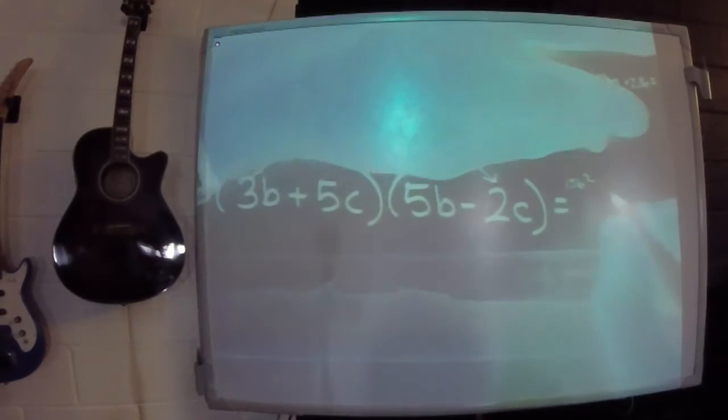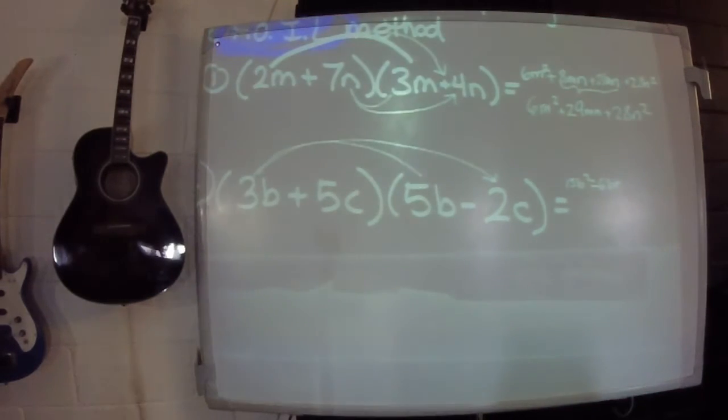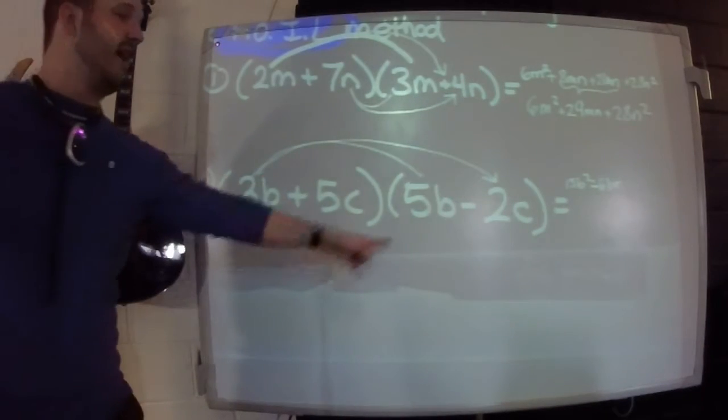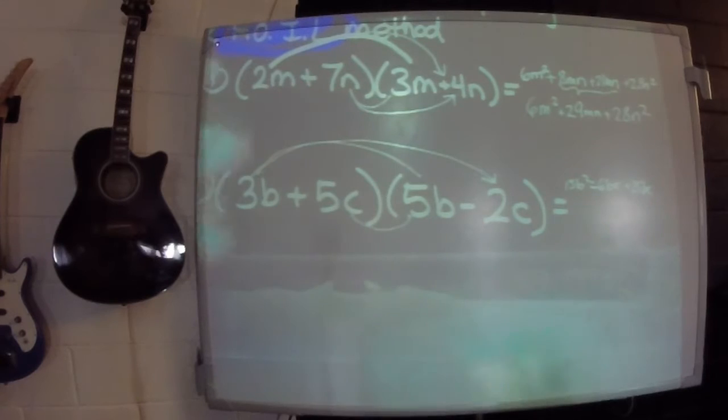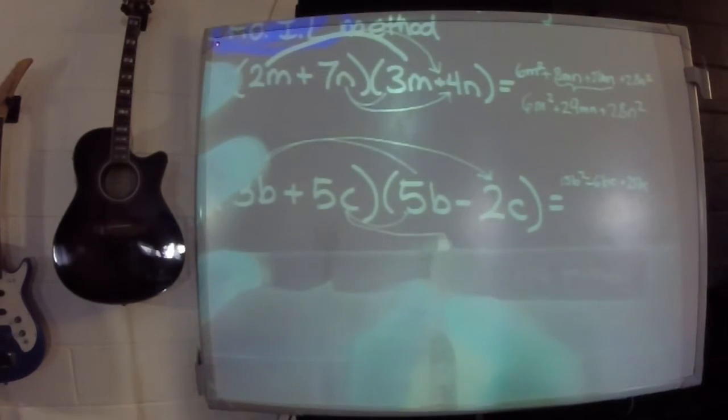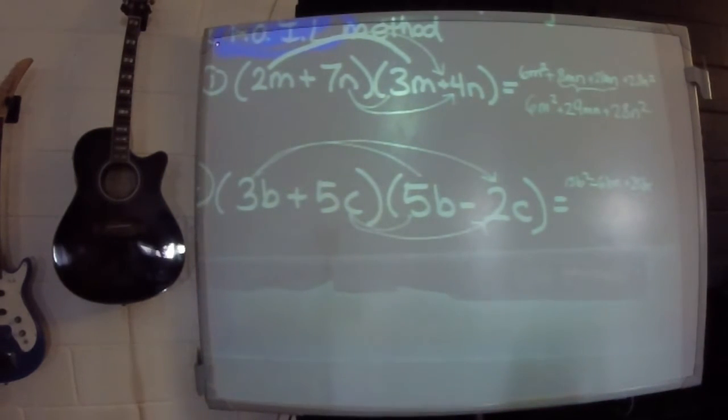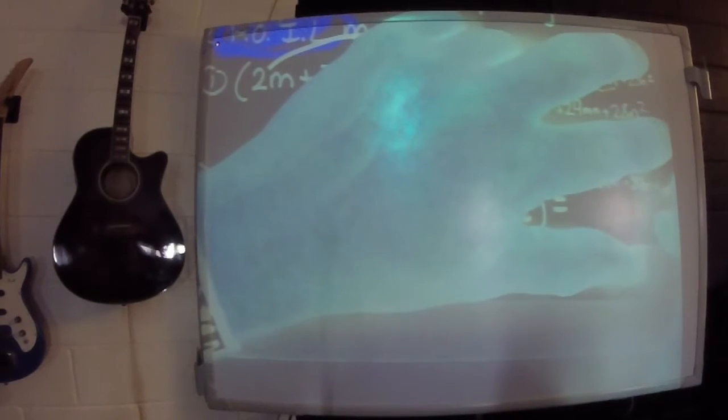Negative 6 BC. Then my I, I got a 5 and a 5. 25 BC. And then my L, I got my 5c and my -2c makes -10c squared.